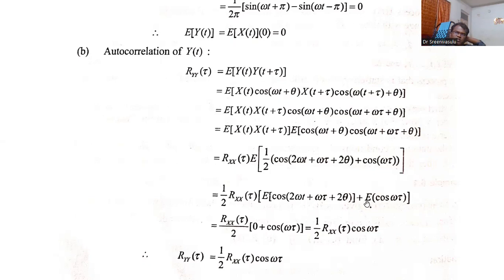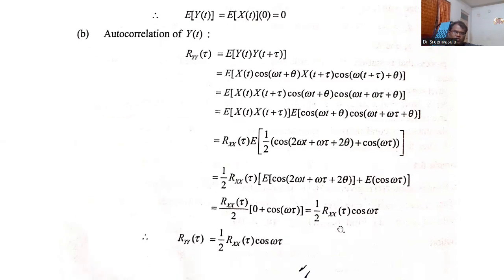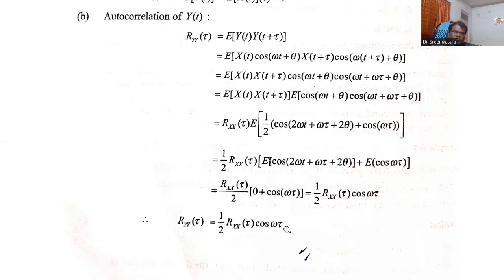The other term is not a function of time, so we can write the expected value of cos(ωτ), which is a constant, and the expected value of a constant is the constant. So finally, R_yy(τ) = 1/2 R_xx(τ) cos(ωτ).